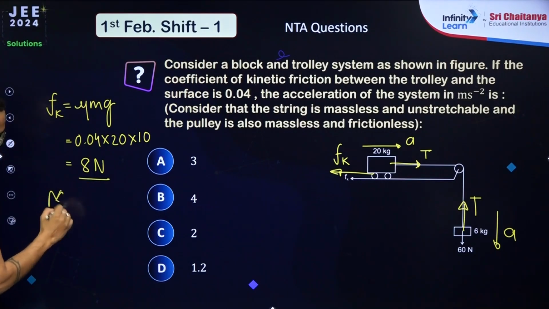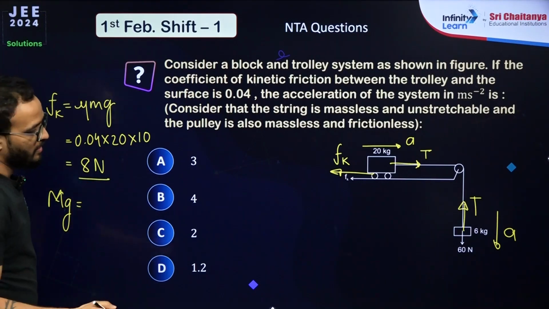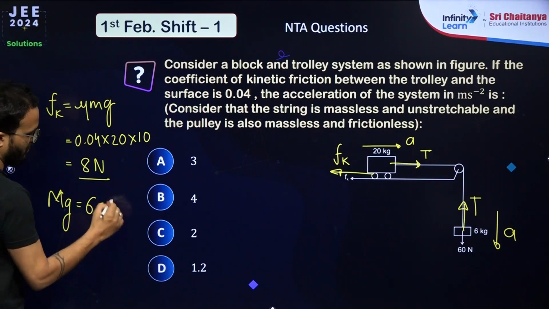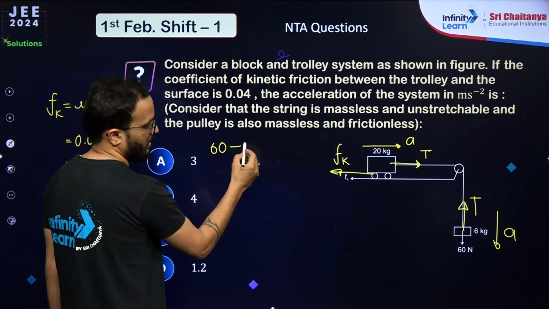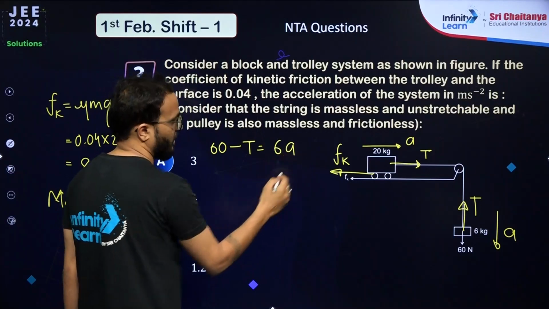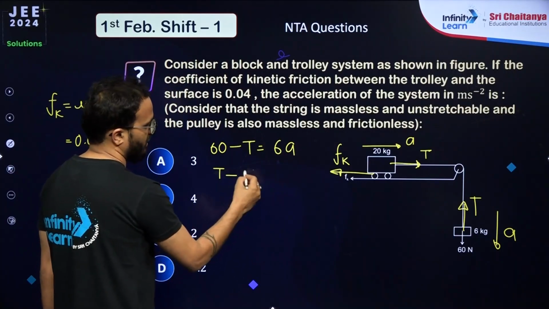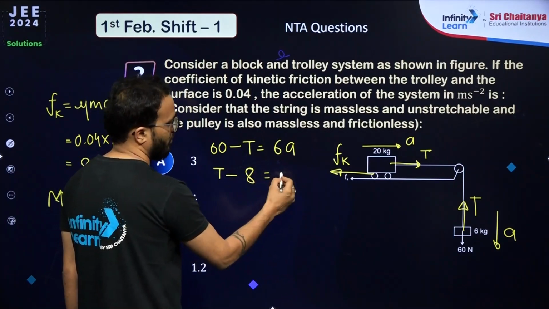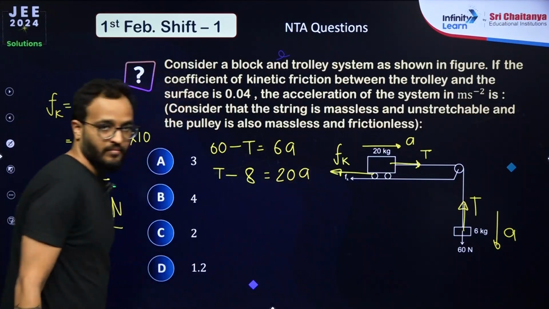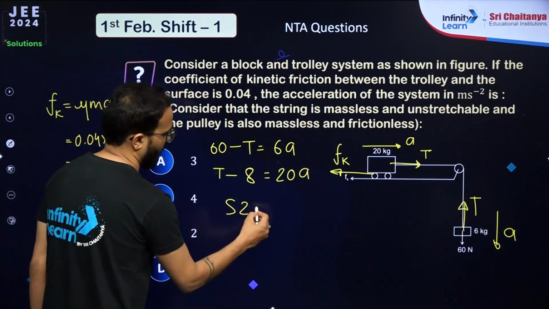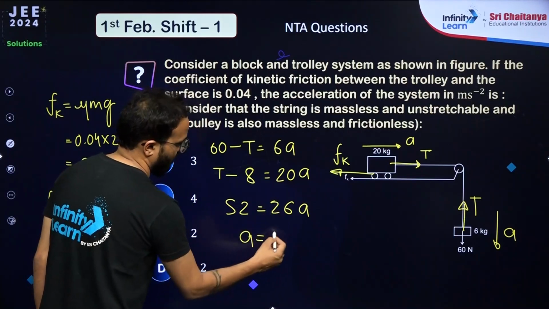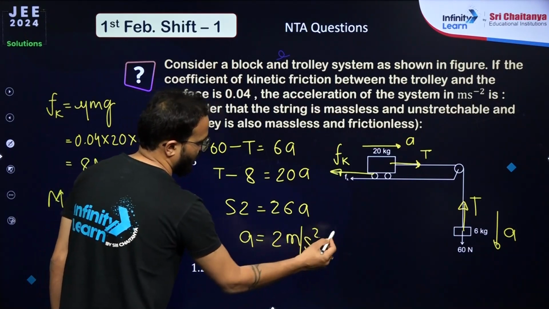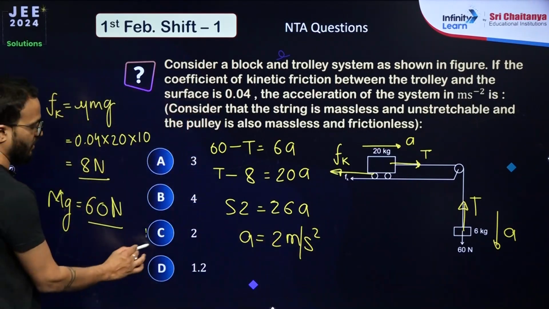Now what is mg for the lower block? That is 60 Newton. So we will say it like this: 60 minus T is equal to 6A, and T minus 8 is equal to 20A. Understood? So 52 is equal to 26A. So A is equal to 2 meter per second square. Drawing the FBD and writing the equations, you will get your answer C.